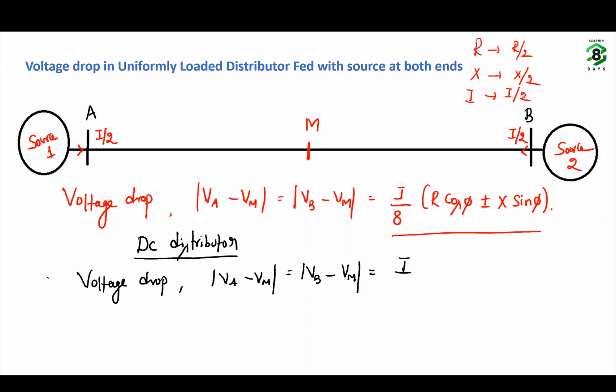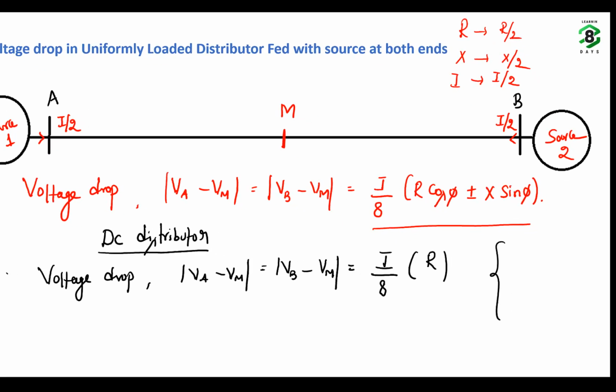It is I by 8 into, what is the power factor in a DC system? Unity. And what is the reactance? What is the inductance in DC systems? In steady state DC circuits, inductance is 0 and reactance is 0. So it is simply IR by 8.